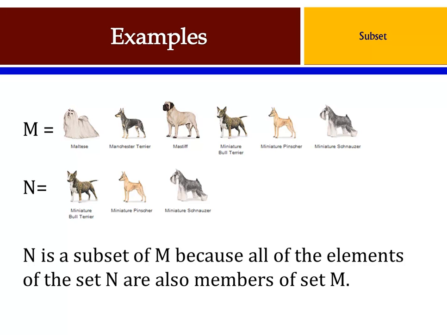N is a subset of M because all of the elements of the set N are also members of set M. We can write this as N is a subset of M, using the symbol which looks like a sideways U with an underline.